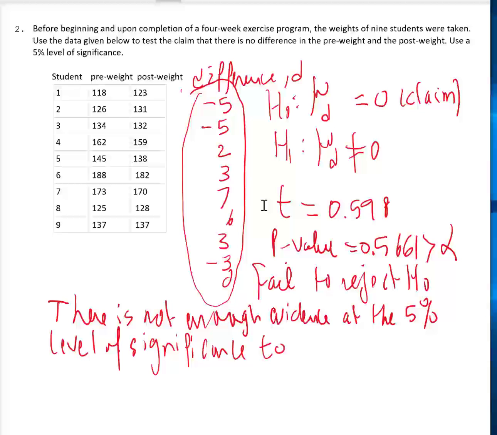Since the claim is in the null hypothesis, we use the word reject: to reject the claim that there is no difference, whether pre-weight or post-weight. So there is not enough evidence at the 5% to reject the claim. So we're saying the claim, the null hypothesis, could be true here. And that's how you do this exercise when the samples are dependent.